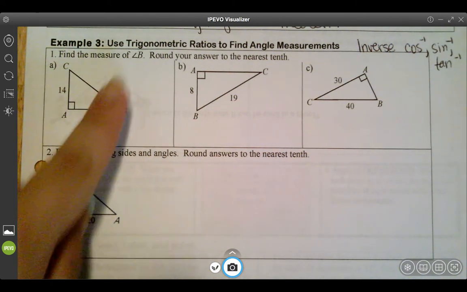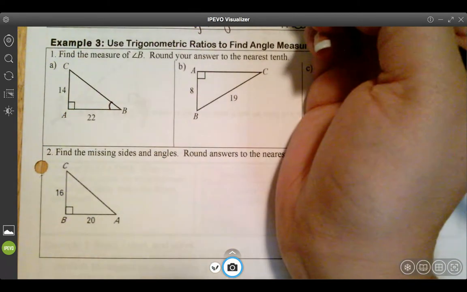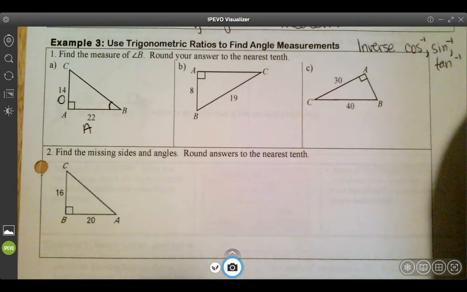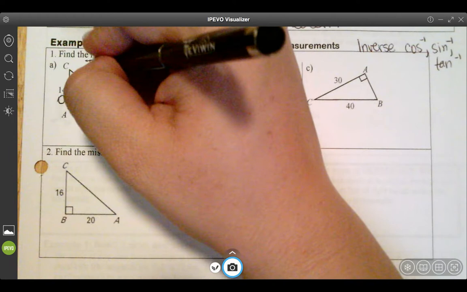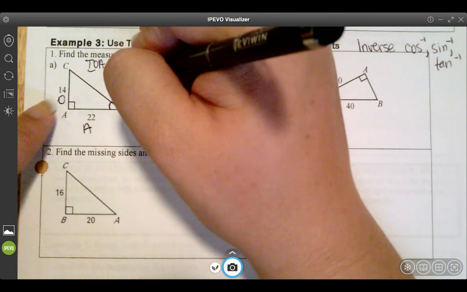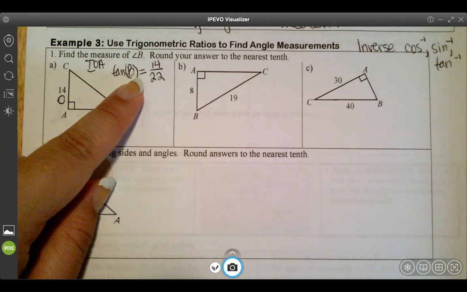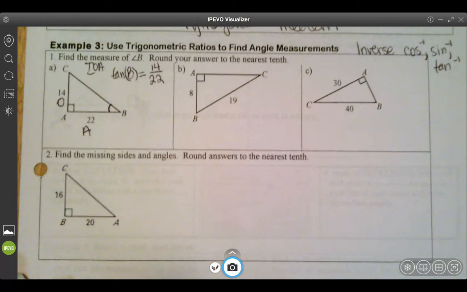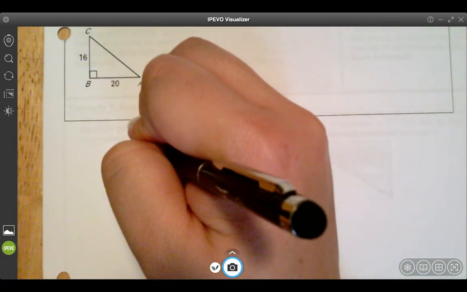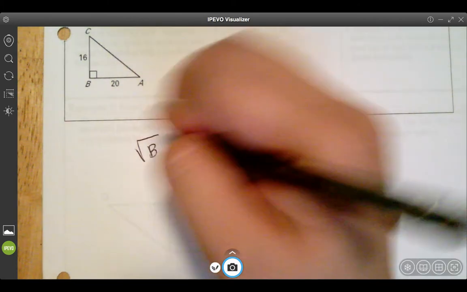So for these ones, we want to find the measurement of angle B. I'll mark that as my reference angle. The side lengths that I have are opposite and adjacent. So just like before, we'll set this up with tangent. Tangent of angle B equals opposite over adjacent. But just like with a square root, if I have, for example, the square root of B, I can't remove the B from the square root.